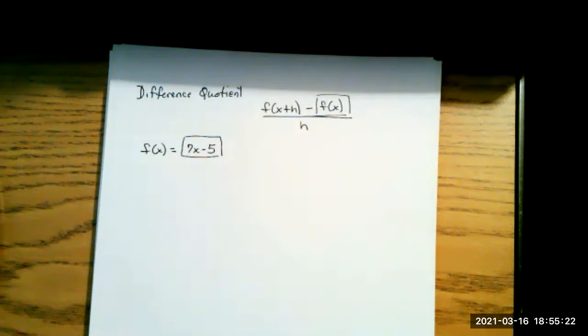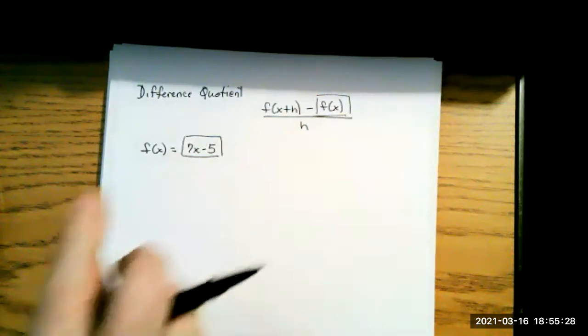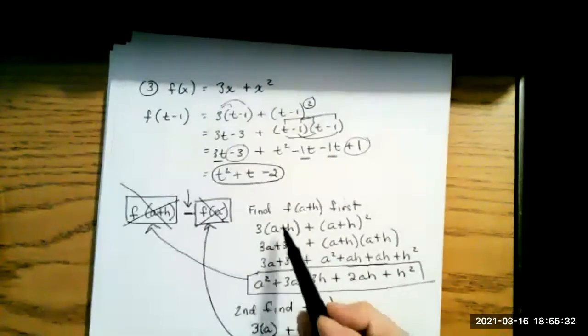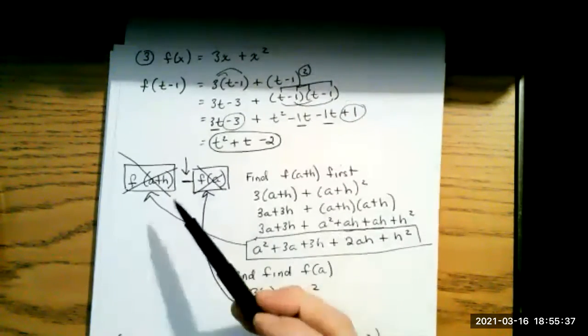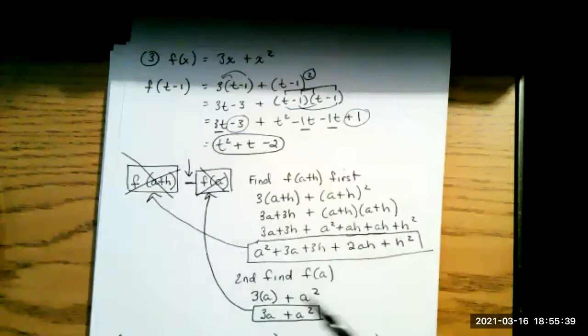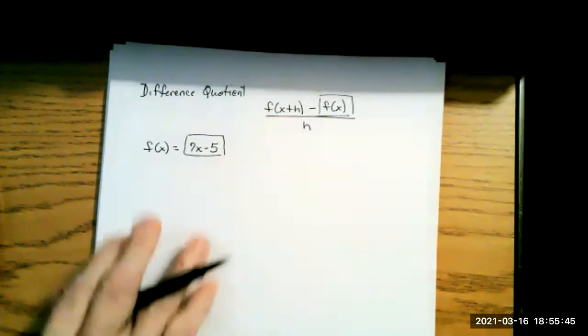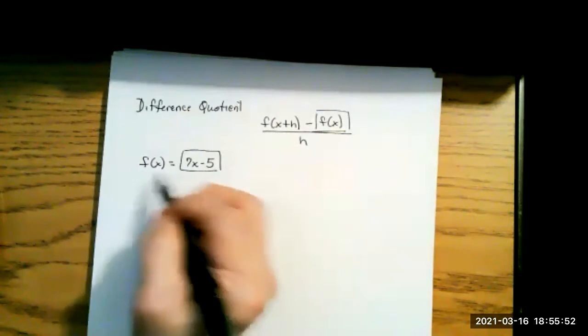The problem is I've got to find x plus h. And unlike the last problem where my variable changed to a's, it was a little easier to substitute a different value for x. But in the difference quotient, they leave it an x. So for some people, it's really hard to not get that confused.